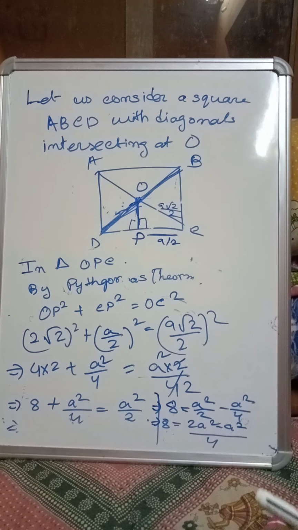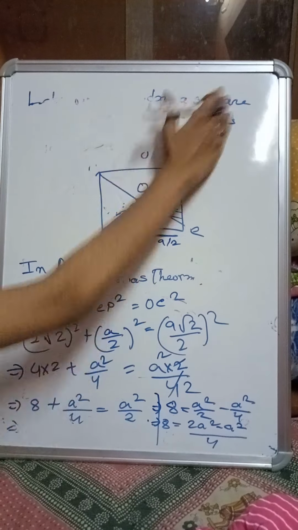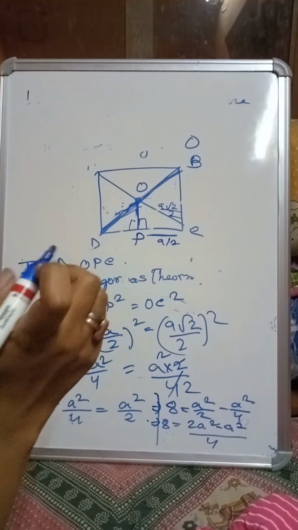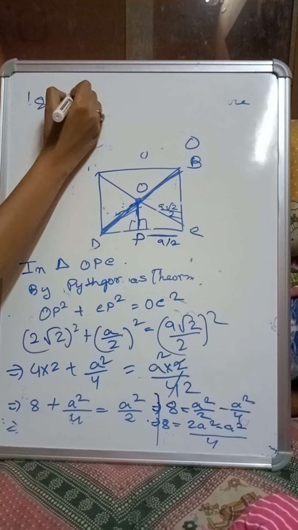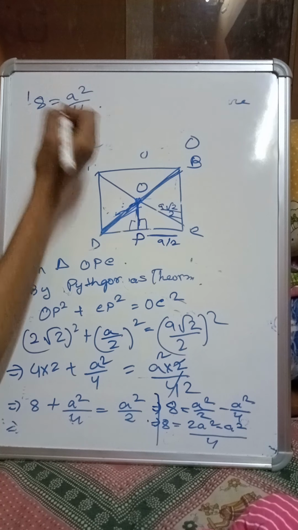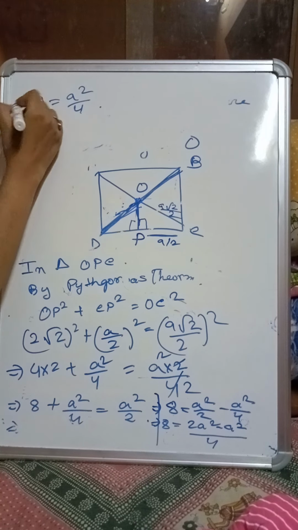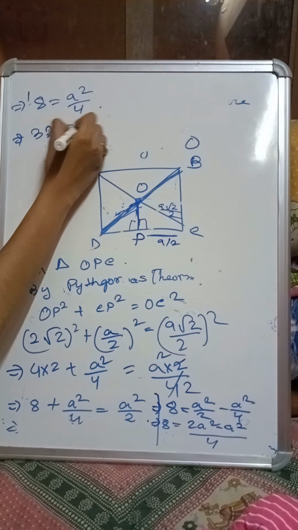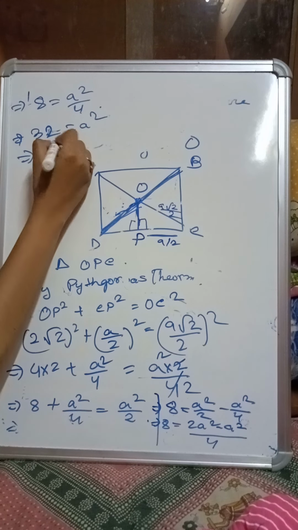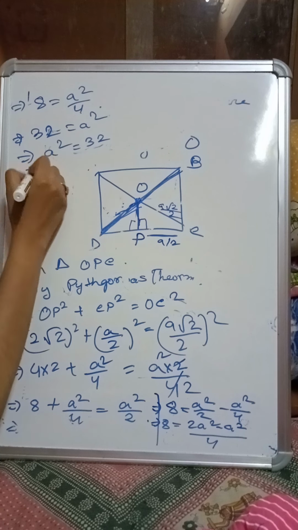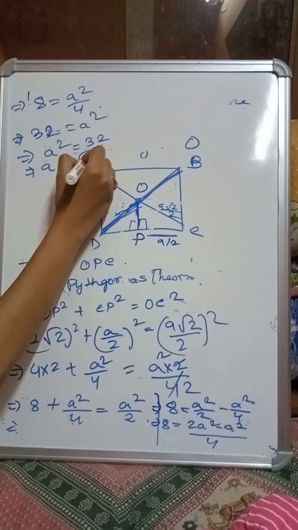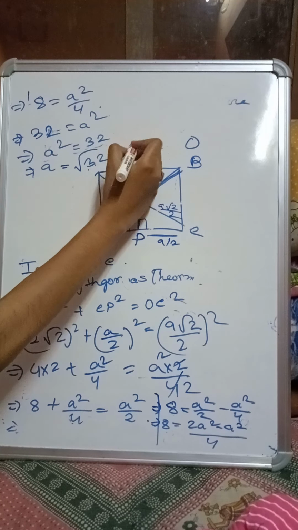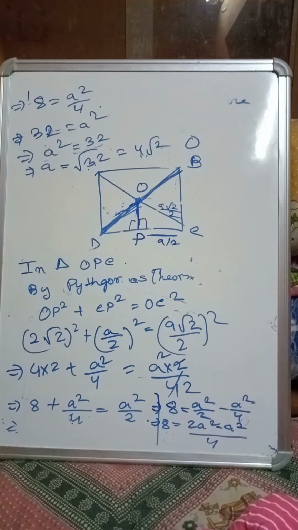So this will be 8 equals to a square by 4. So 32 will be equal to a square, so a square equals to 32, then a will be equal to root over 32. If you calculate, you will get 4 root 2.